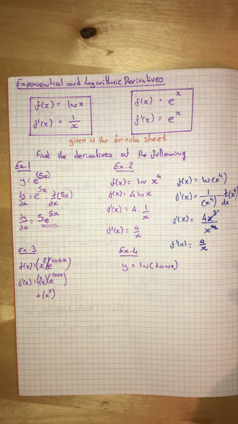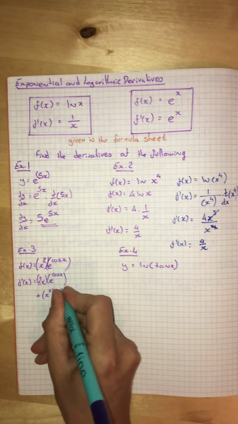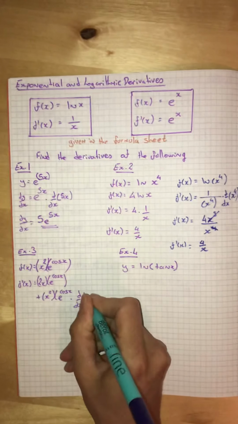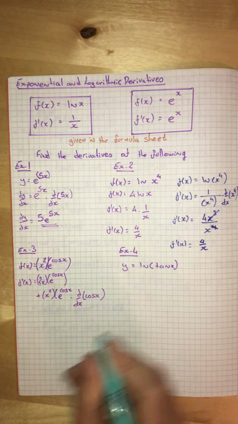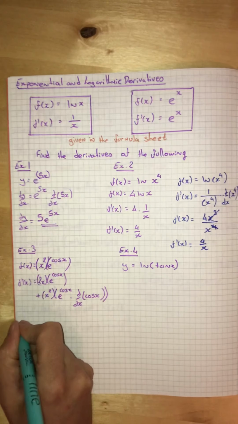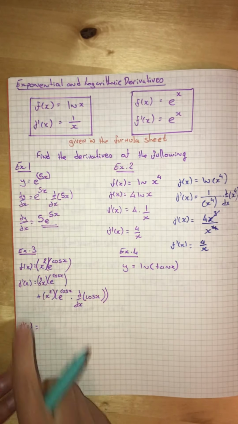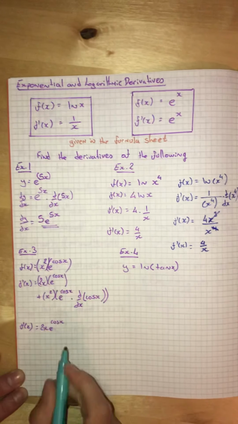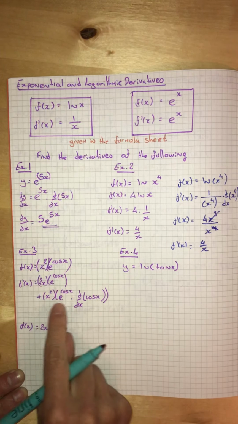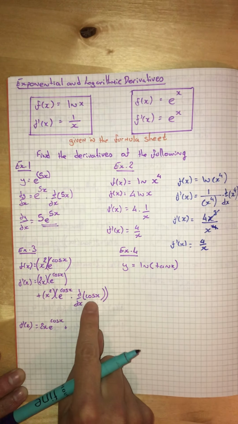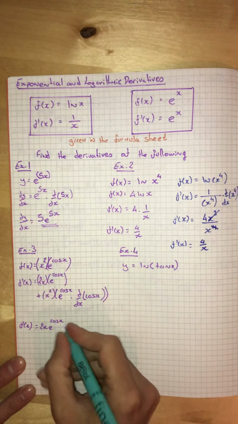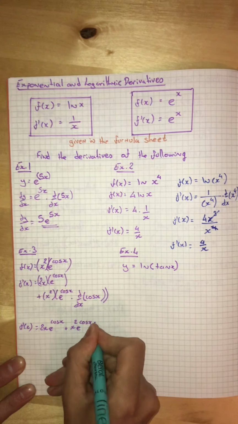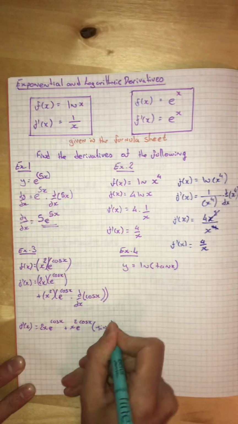E to the anything just stays e to the cos x, but then we need to times it by the derivative of what's inside the brackets, which is cos x. So we get 2x e to the cos x plus x squared e to the cos x times the derivative of cos x, which is negative sine x. So we get x squared e to the cos x negative sine x.